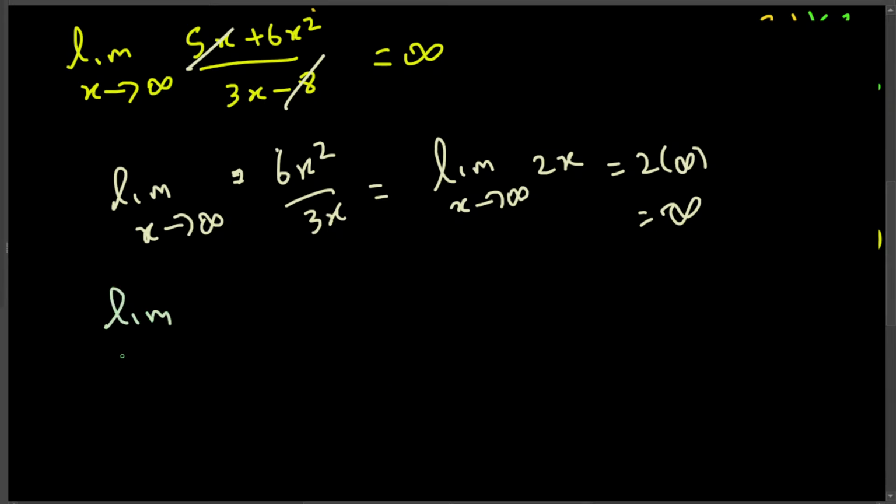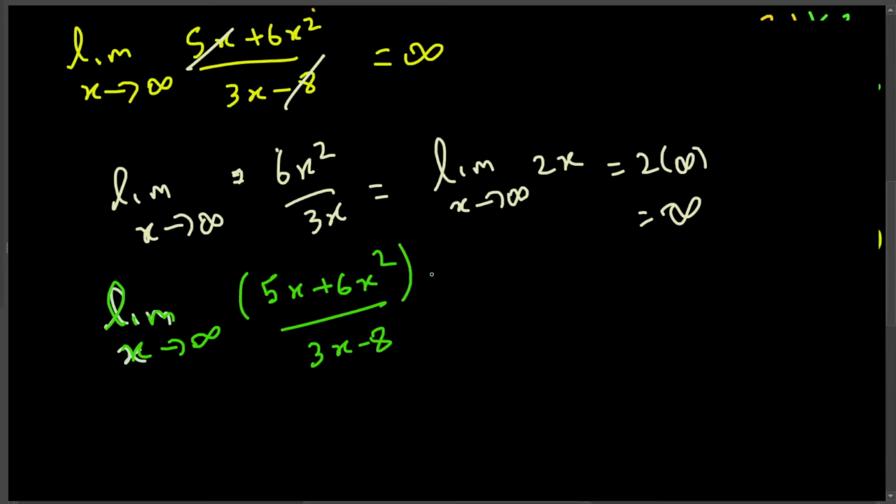So limit x approaches, let me use a different color. Limit x approaches infinity, and here I have 5x plus 6x squared. In the denominator I have 3x minus 8. So I'm going to multiply by 1 over x, the numerator and the denominator.